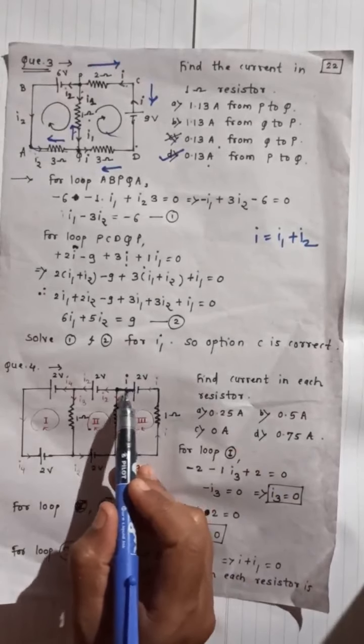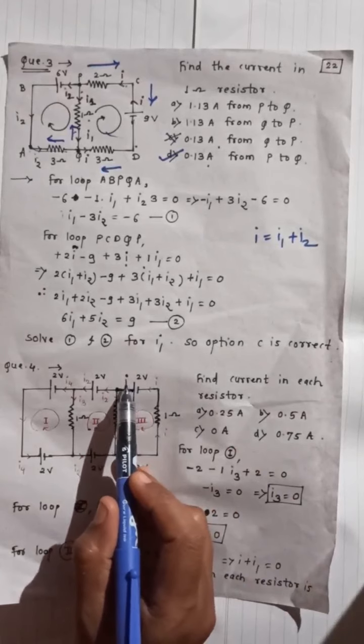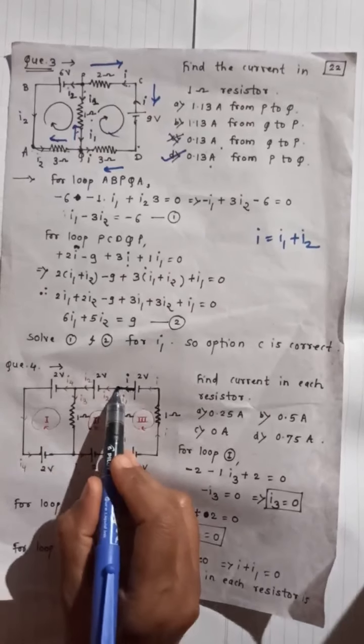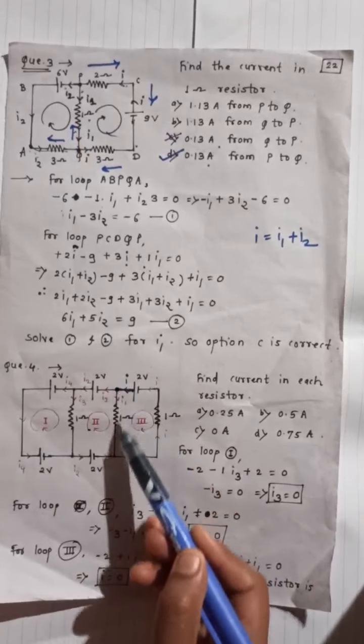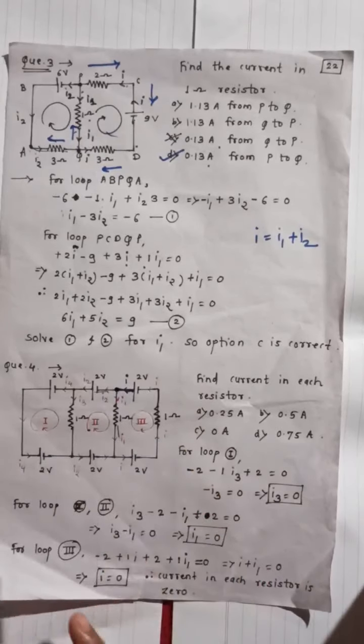From this 2 volt supply, I ampere current is drawn. Okay. So at this junction point, this I is divided into I1. Okay, and I2. Okay.